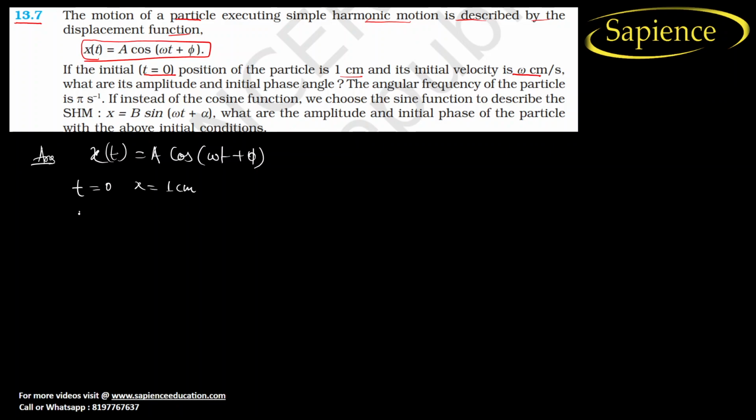Also at t equal to 0, the velocity is omega. We need to use these conditions so that we can get the value of the amplitude and initial phase angle. They have also given the angular frequency of the particle as pi per second.